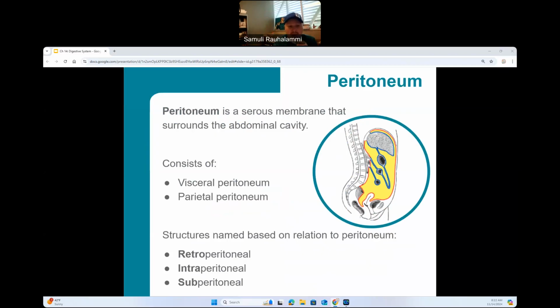Retroperitoneal structures are located behind the peritoneum. I think the kidneys are a particularly good example there. Intraperitoneal structures are within the peritoneum. One example we could highlight from this diagram would be our stomach. Then we also have sub-peritoneal structures.